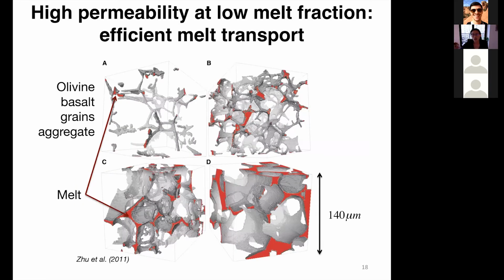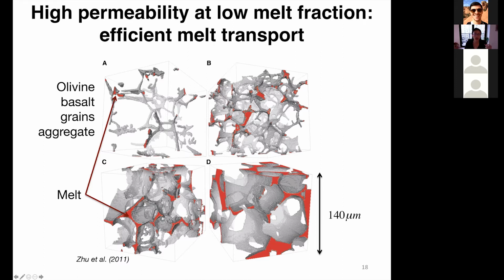Experimentalists have melted mantle-like aggregates in a lab and imaged melt, as shown here with increasing porosity. They show that melt forms interconnected pore space even at very low porosities. Here, the void is the part that's solid, and the gray and red is the part that is melt.